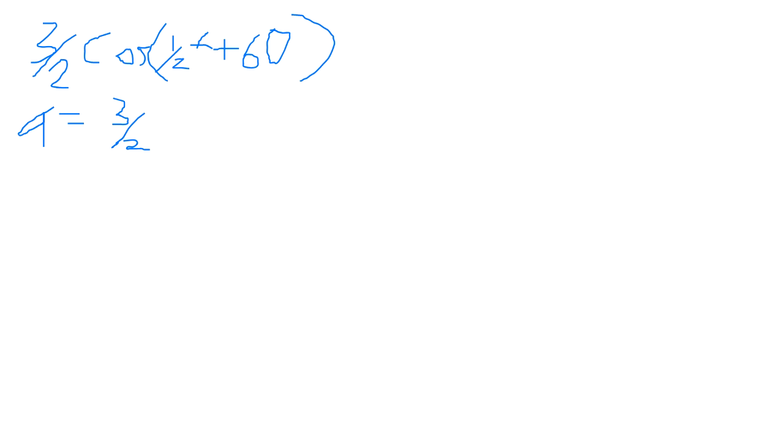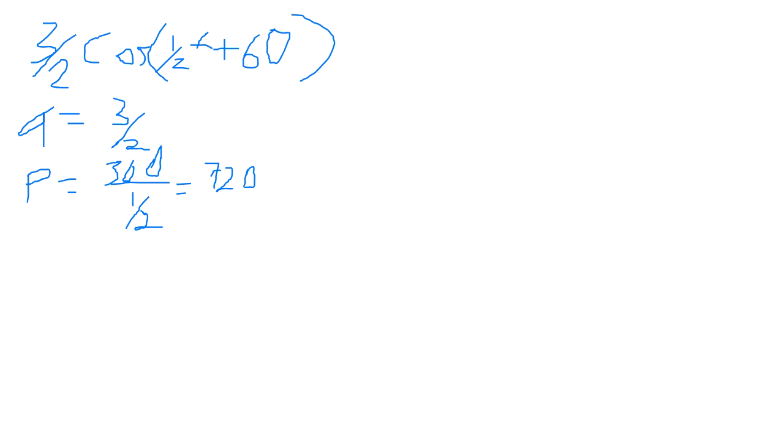Our period, because we are now working in degrees, is going to be 360 divided by the coefficient of x, which is half. So our period is going to be 720.